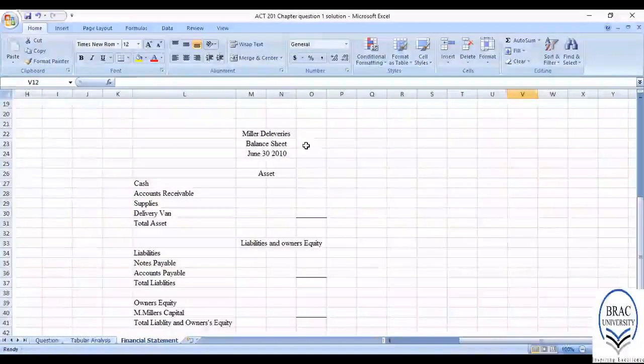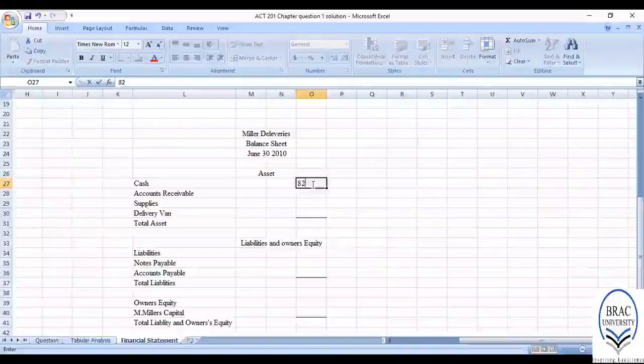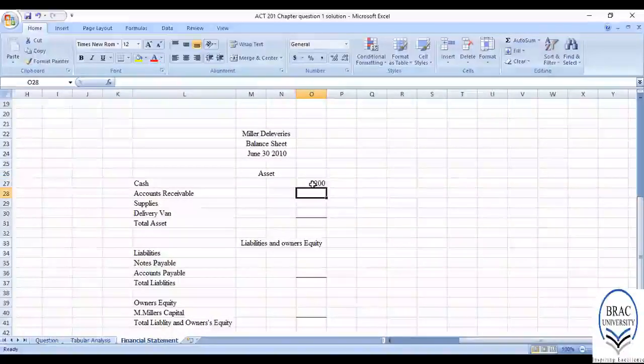We'll start with the cash. Miller Deliveries has cash worth $8,200 in their account. So let's write down this information into our balance sheet. They have accounts receivable worth $3,150.